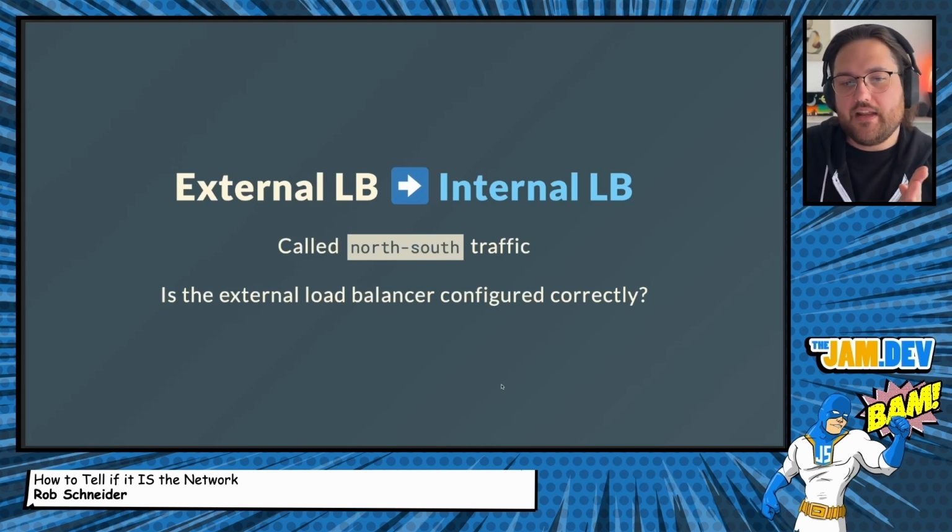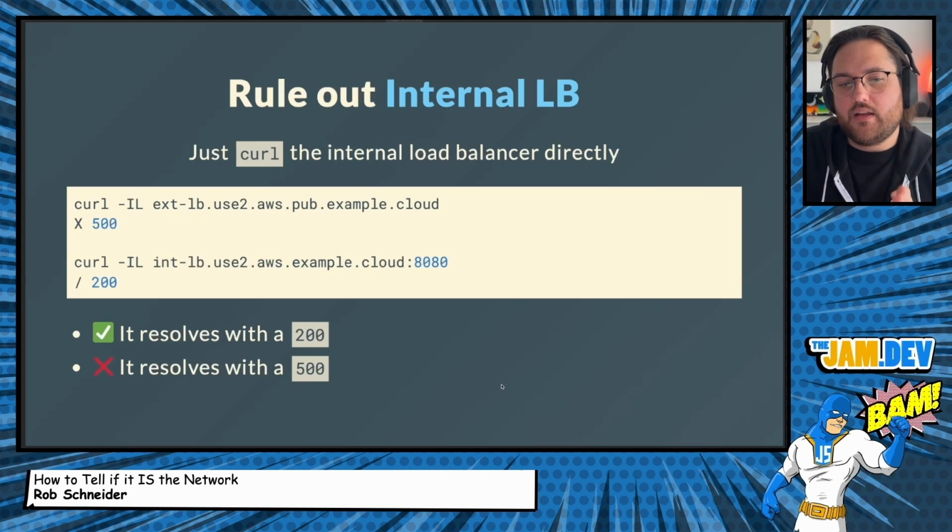So if we're getting a 500 at the external load balancer that I have here, but you get a 200 when you hit the internal one directly, that might hint to some kind of misconfiguration issue, right? And this is sort of where we get into the unknown and uncomfortableness because you could start to deal with port numbers. But the main thing to keep in mind is we're just looking between the connection. So externally it doesn't work, but internally it does.